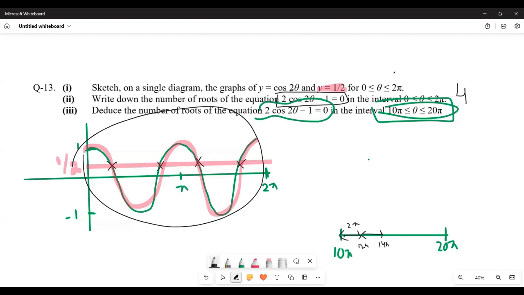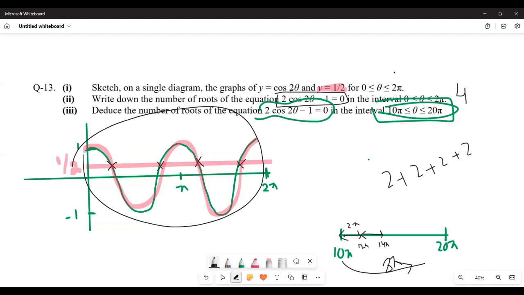So how many 2 pi can I fit between 10 pi and 20 pi? 4. 2 pi, 2 pi, 2 pi, 2 pi. So 2, 2, 2, 2. That's 8. But 10 plus 8 pi is not 20 pi.